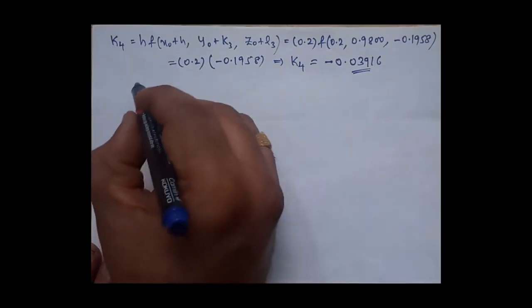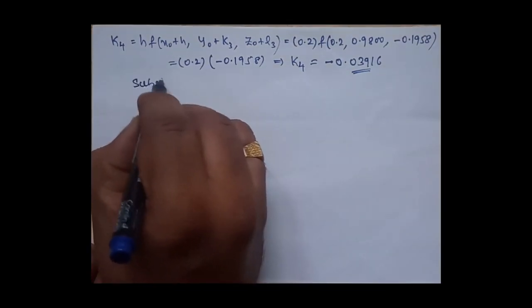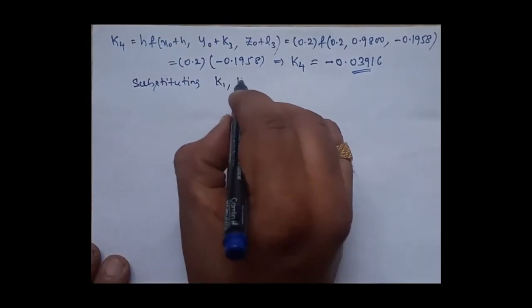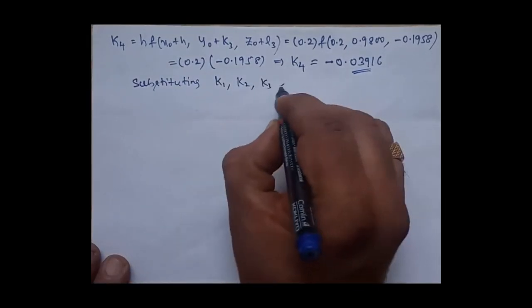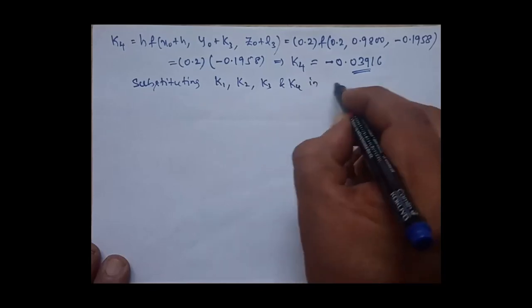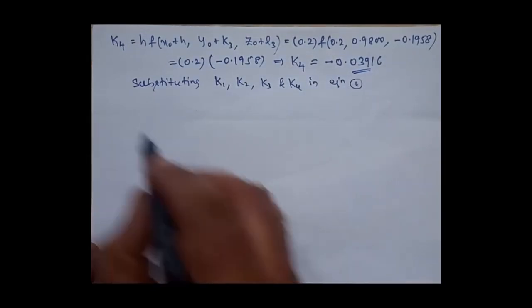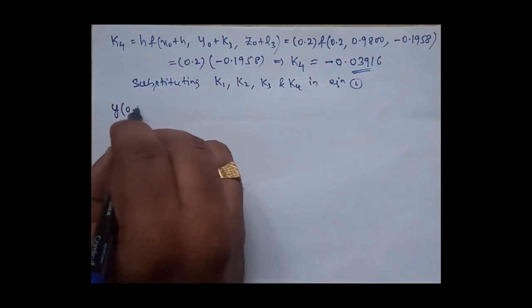Now substitute them in equation 1. Substituting K1, K2, K3 and K4 in equation 1, we get y of x, where x is 0.2.